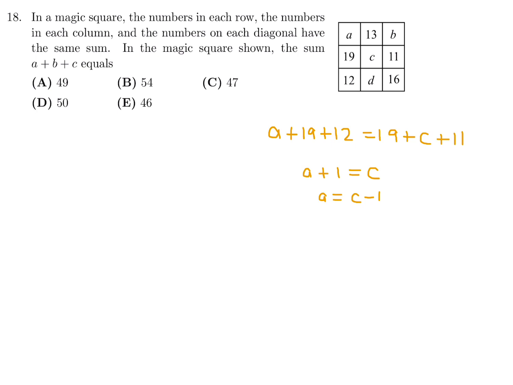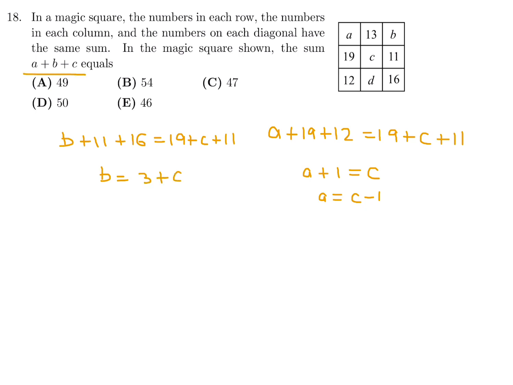Same thing. Okay, so now let's get a similar relationship between B and C. So I'll use this column, and you might as well just use that row again. So B plus 11 plus 16 is equal to 19 plus C plus 11. So that means that B is equal to 3 plus C. All right.